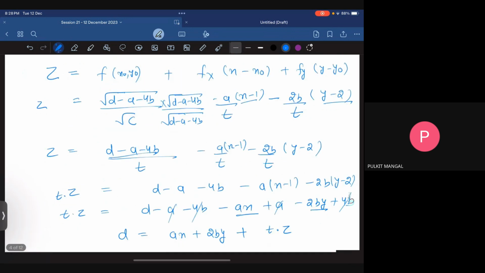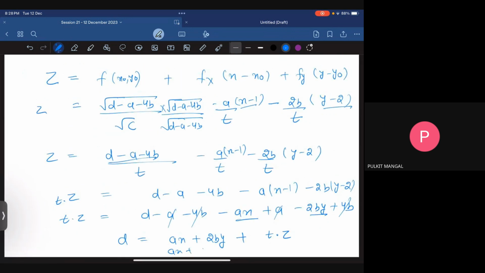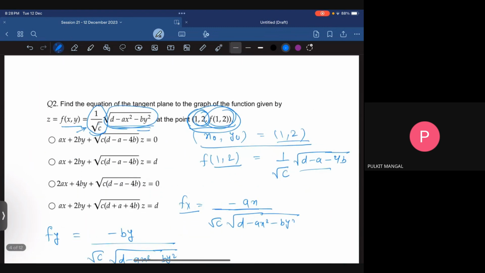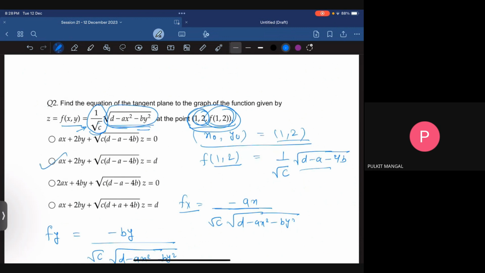So you get ax plus 2by plus under root of c times under root of d minus a minus 4b times z, and this is equal to d. This is the second option. Any doubt in this question or in the tangent plane part?